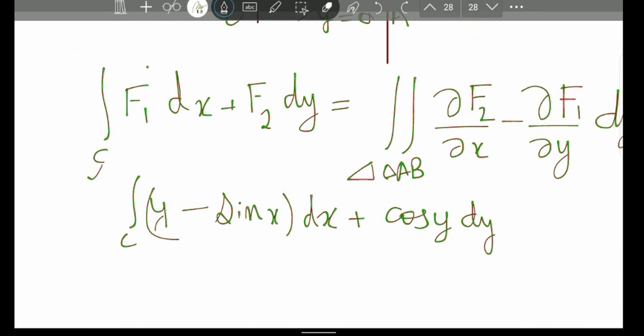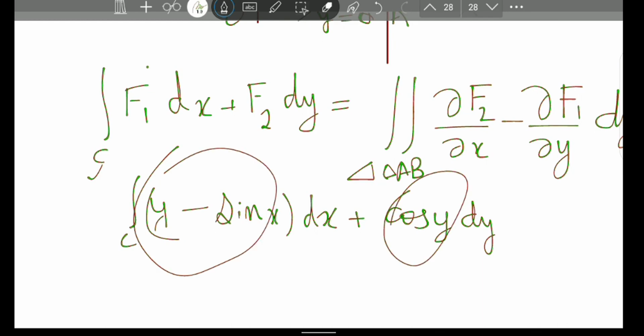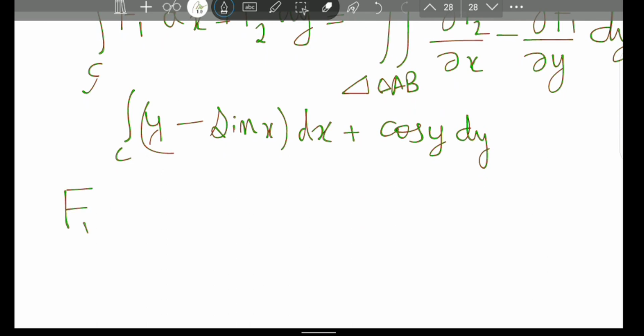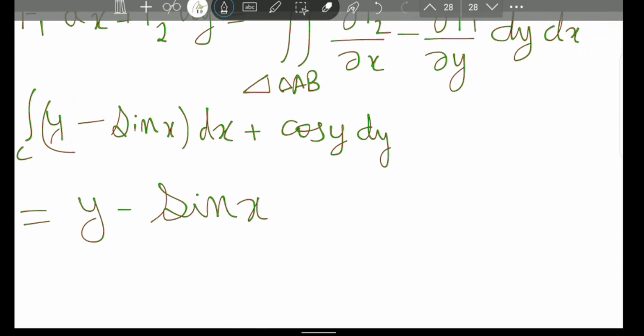So we should choose f1 equal to y minus sin x and f2 equal to cos y.